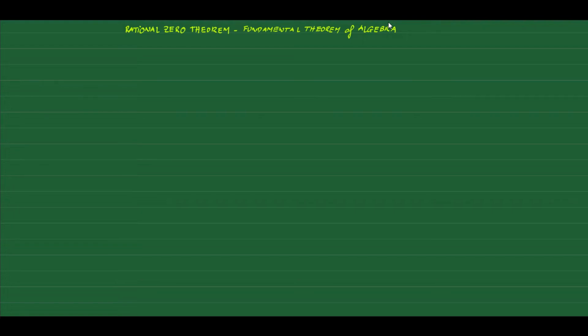The conjugate zero theorem. It means that a zero can be a complex number, a rational number, or a whole number, and it could be positive or negative, and that's why we have to consider another rule.